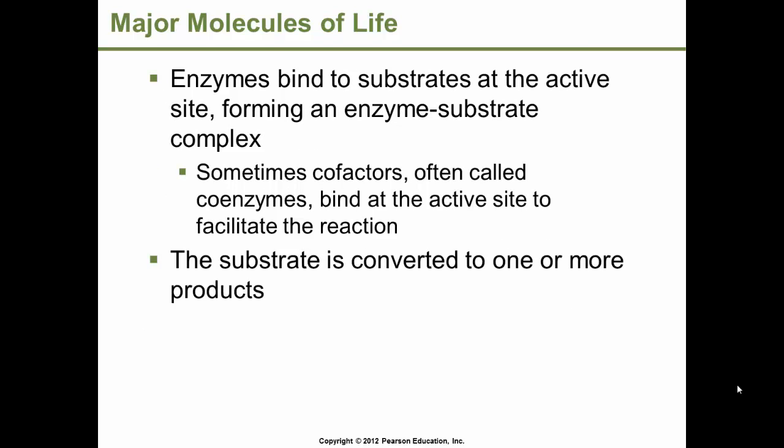Enzymes bind to substrates at the active site. This forms an enzyme substrate complex. Sometimes there are cofactors, often termed coenzymes, that bind at the active site to facilitate the reaction. The substrate is converted to one or more products.